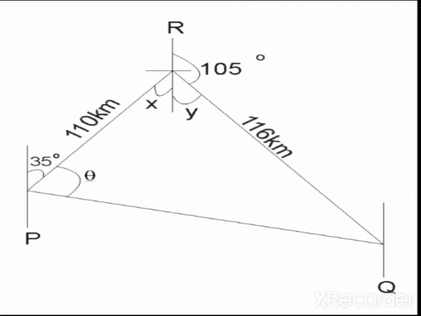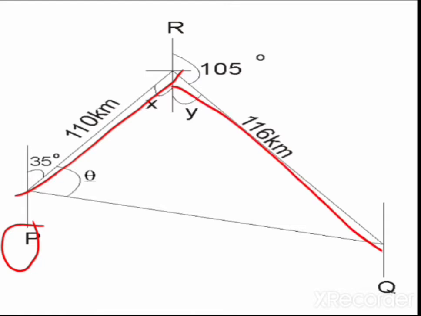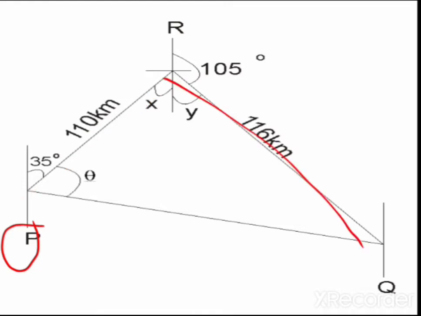So this is our P where it starts the journey, and it moves to a point, which is 35 degrees from P. Then from the point R, it moves to a point Q, which is 105 degrees from R. So we have here 116 km, R to Q. This line is 116 km. This line is 110 km.